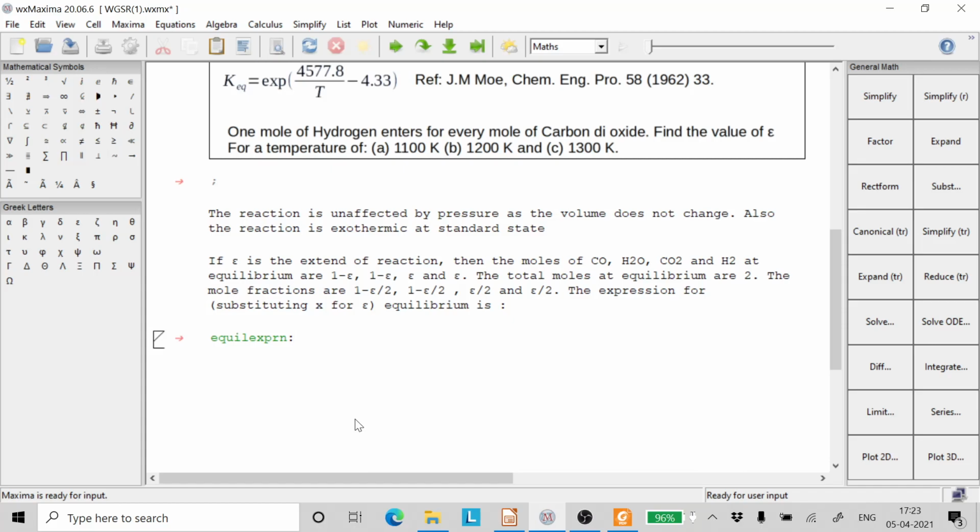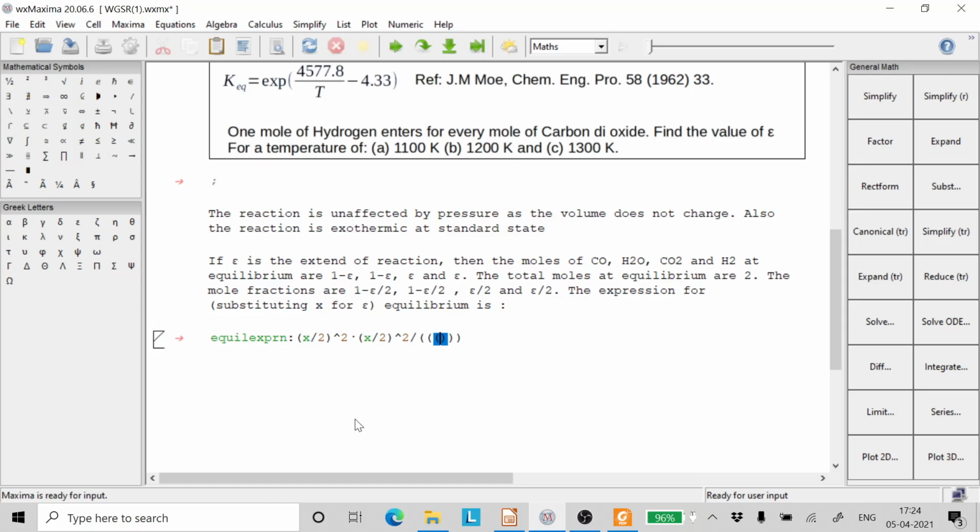So, for the equilibrium constant or K, the expression is going to be the mole fraction of the products divided by the mole fraction of the reactants.